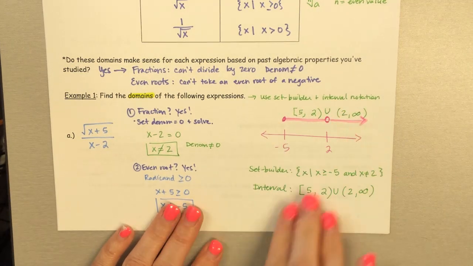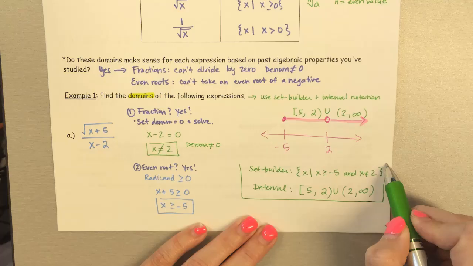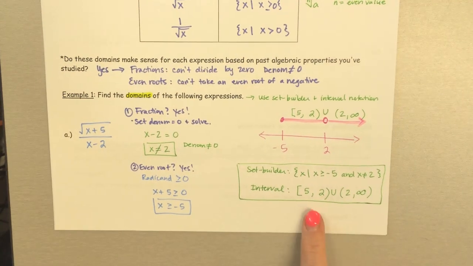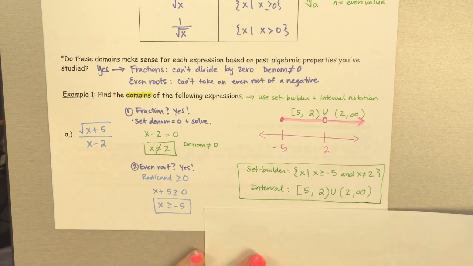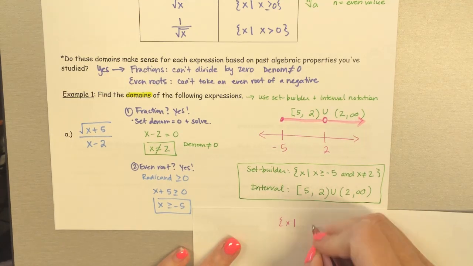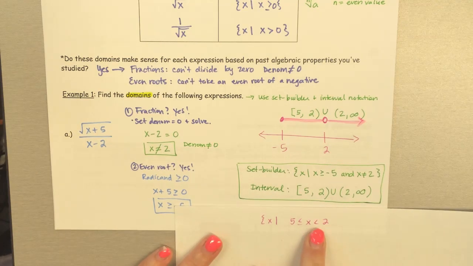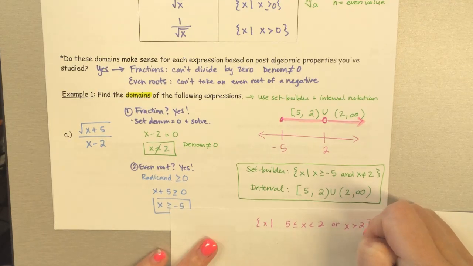Okay, so I like seeing that. You don't have to draw it out on a number line. If you get better at this, then you might want to start doing it and then drop it. That is fine. And the other way you could write it in set builder, which I think takes a little more work, would be x such that x is between negative 5 and 2 with an equal to and a less than, and then you would say or x is greater than 2.